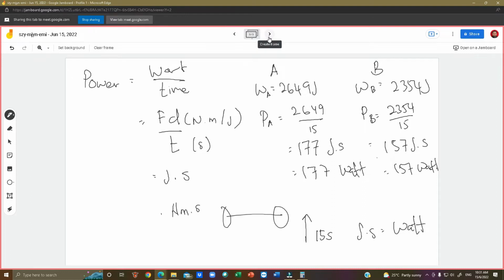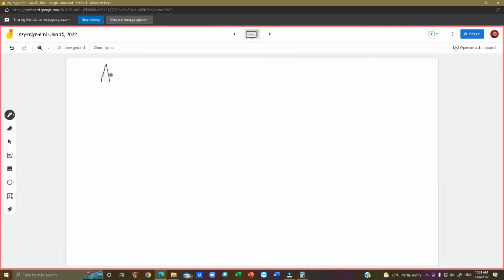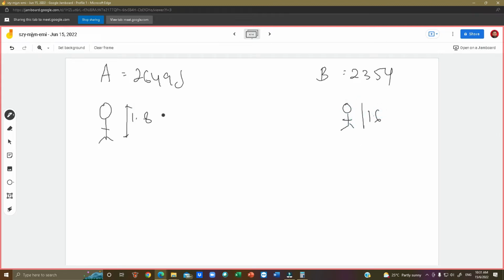Now the time taken is different. Okay, we have A 2649 joules. We have B 2354 joules. Okay, now since yang ini tadi tinggi 1.8 and yang ini pendek sikit 1.6, this 1.8 completes the task in let's say 8 seconds, while B completes the task in 7.5 seconds.